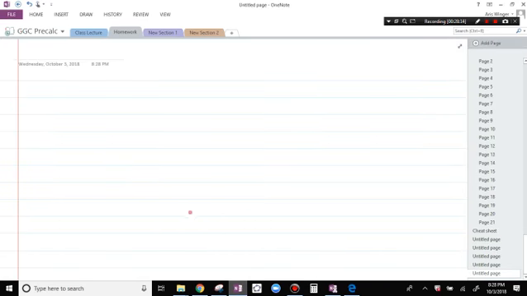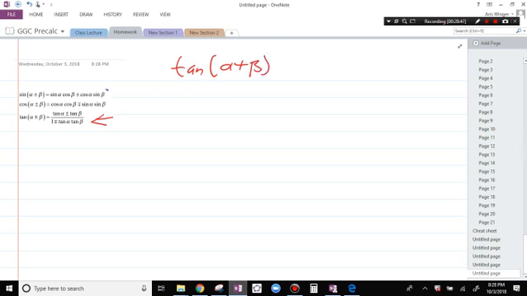The tangent of alpha plus beta is tangent alpha plus tangent beta, the signs match in the numerator, and then they're backwards in the denominator: 1 minus tangent alpha tangent beta.